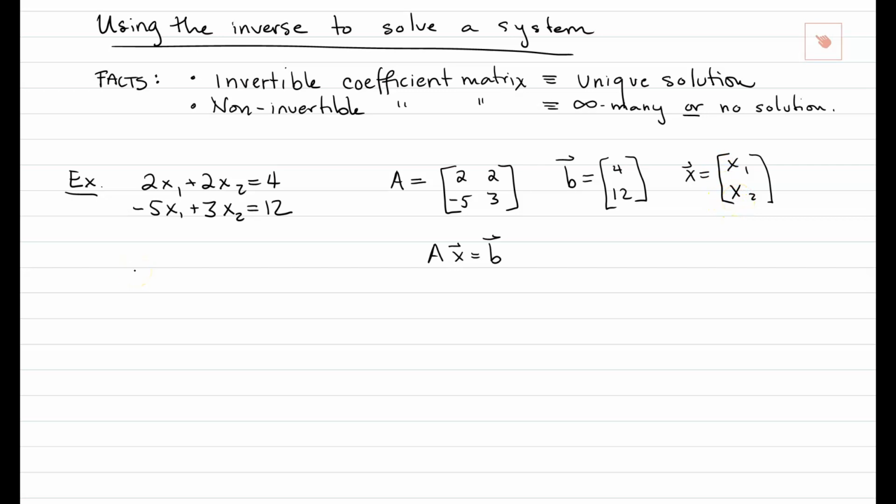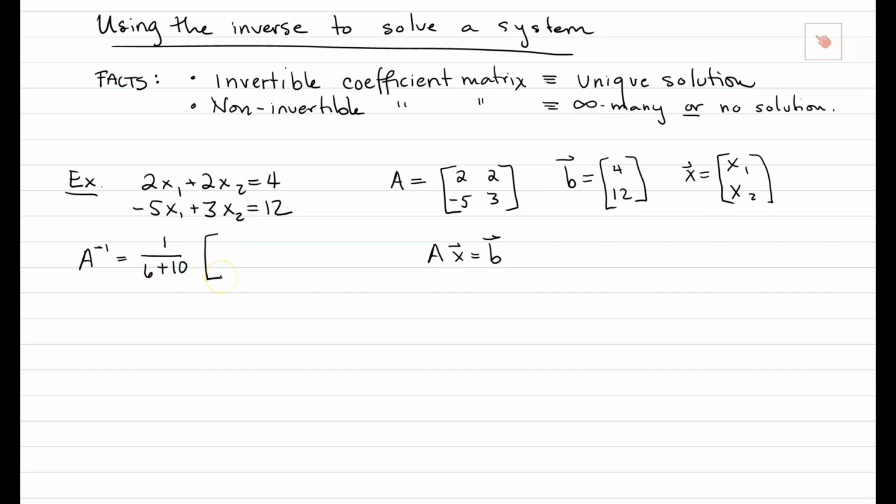To use the inverse of a matrix to solve a linear system, of course, the first thing to do is find that matrix. So we're going to find A inverse, and since this is a 2 by 2, we can use that formula and just write down what the inverse is. So remember, we're going to have 1 over 2 times 3 minus 2 times negative 5. So that would be 2 times 3 is 6, minus negative 5 is a plus 10.